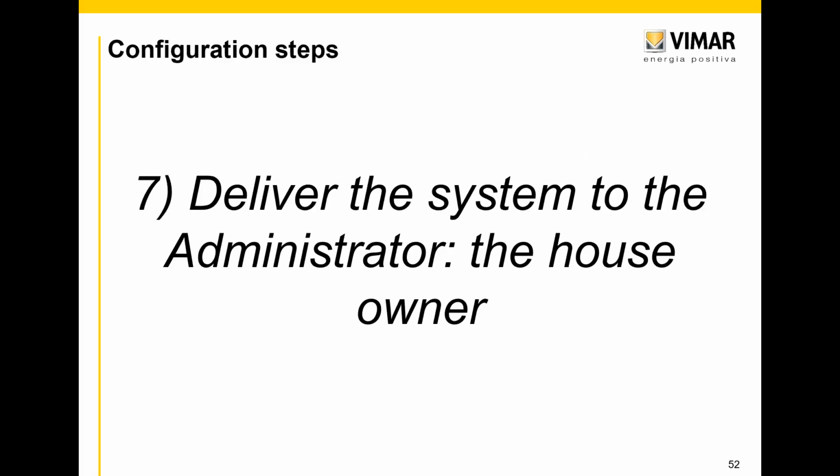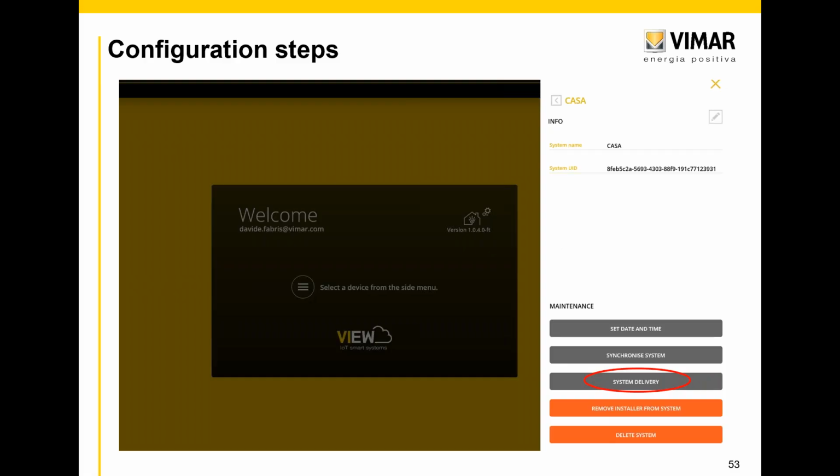Then the last step is to deliver the system to the administrator. The administrator is the house owner, and you have to do this step. There is an icon, system delivery, where the end user, at home, locally connected with you, the installer, in the house, takes over the installation.